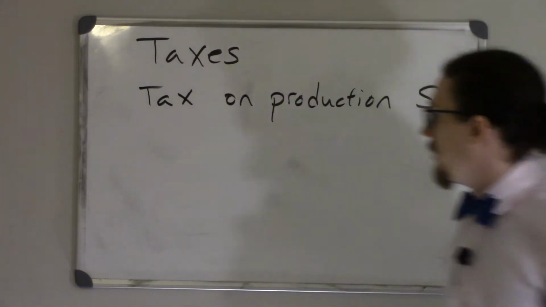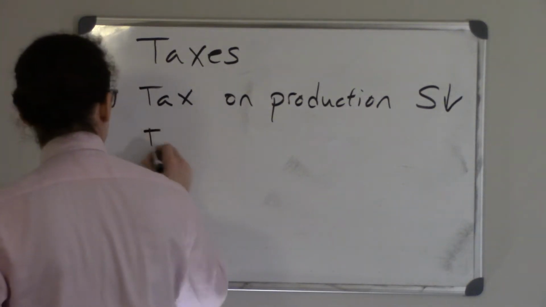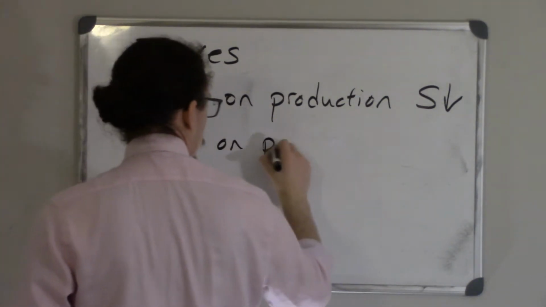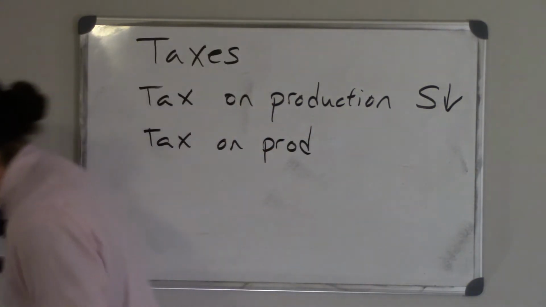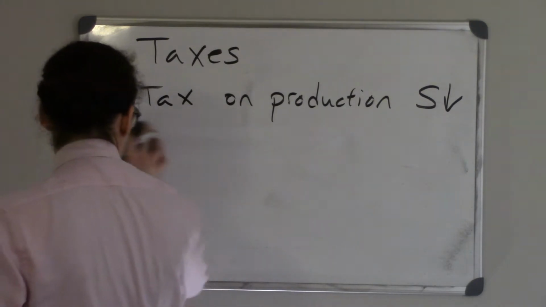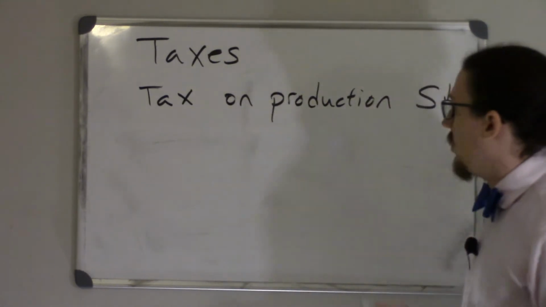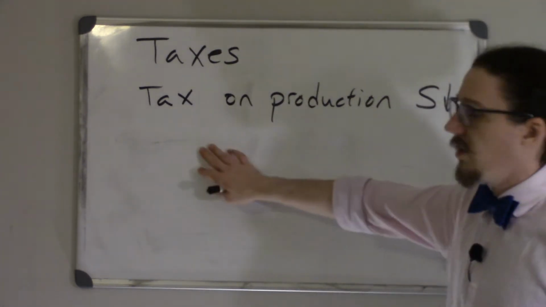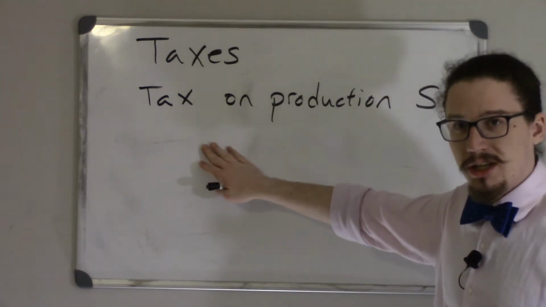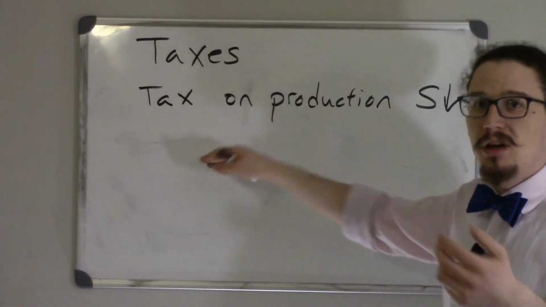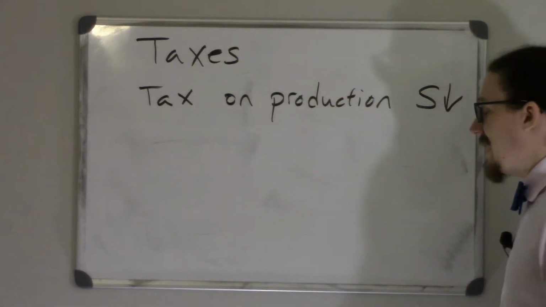And the opposite is true as well. It is true, but I wasn't writing that, so I'll just say this one. Of course the opposite is true: if a tax on production is lifted, we should see an increase in supply.